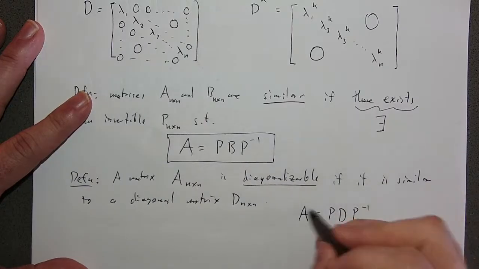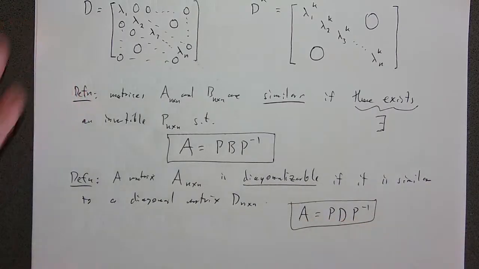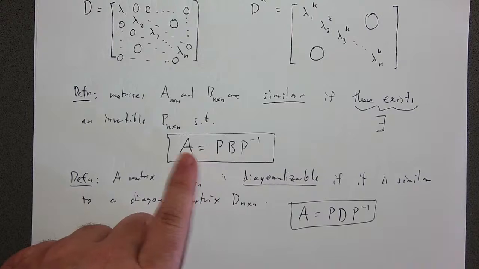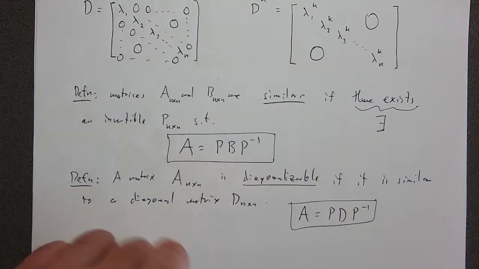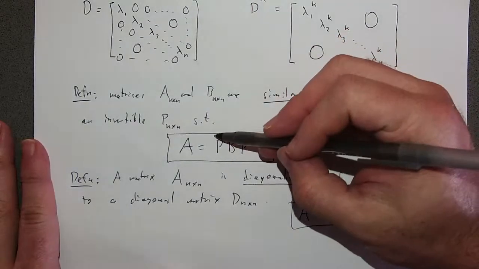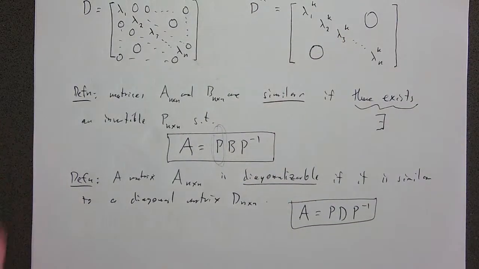Now, you may also remember from linear algebra or wherever else you've seen this, that another way of thinking about this relationship between A and B is that this matrix P could be thought of as a change of basis matrix, essentially.